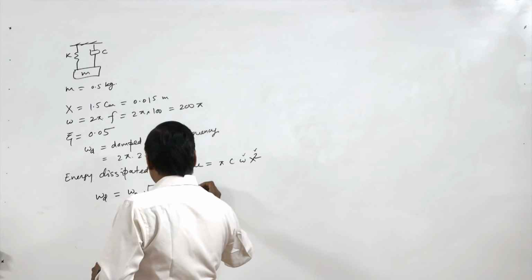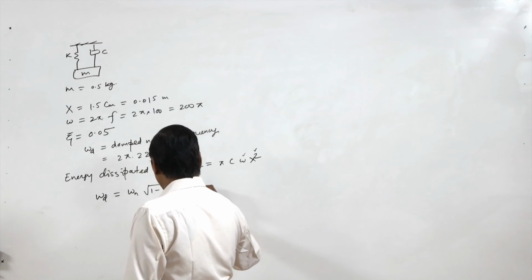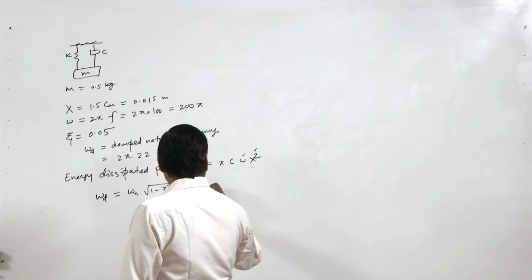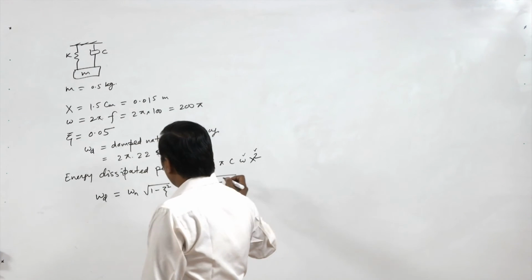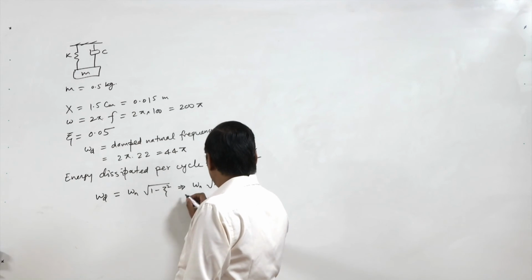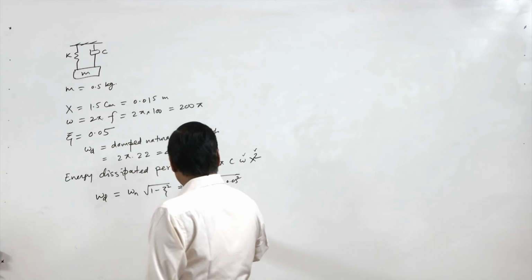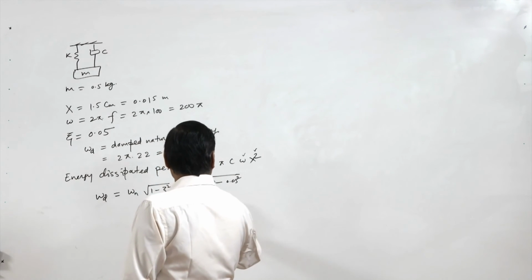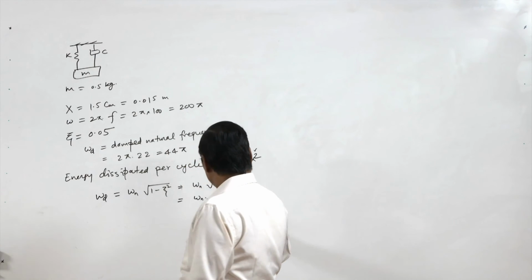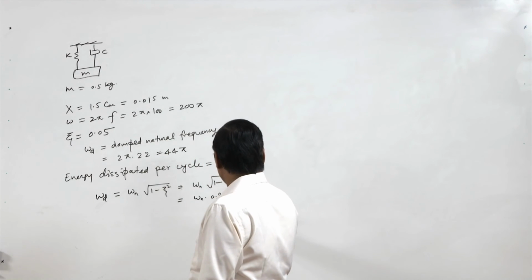So omega n root 1 minus 0.05 square, if we solve this, this is about 0.999.